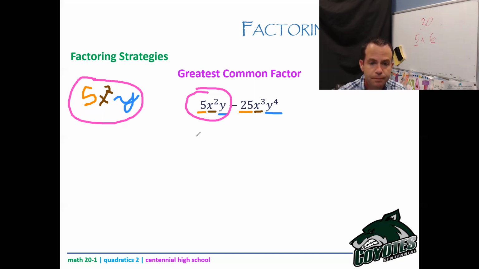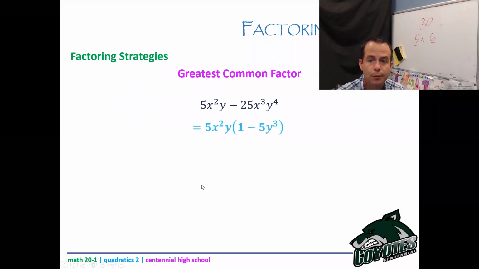Okay? Okay, so I take out my 5x squared y and then I state what's left. I'm left with 1 minus, and then 25x cubed y to the 4 divided by 5x squared y. 25 divided by 5 gives me that 5. x to the 3 divided by x to the 2 gives me, oh, sorry, there's a mistake there. That should be x.